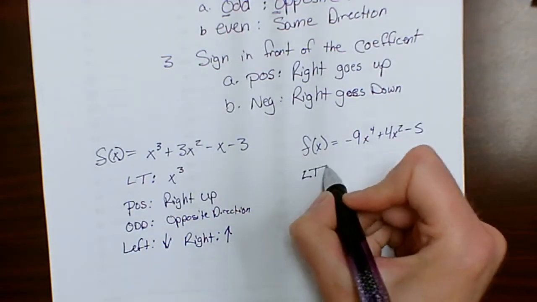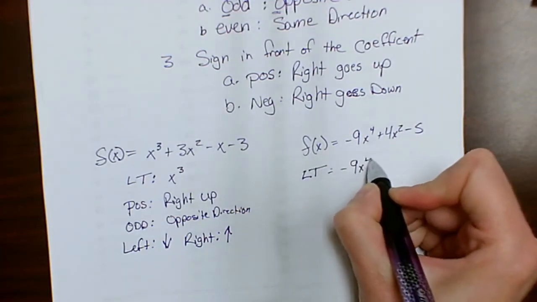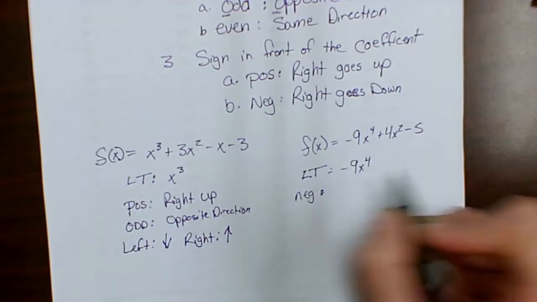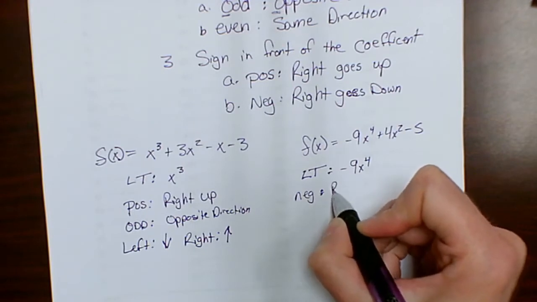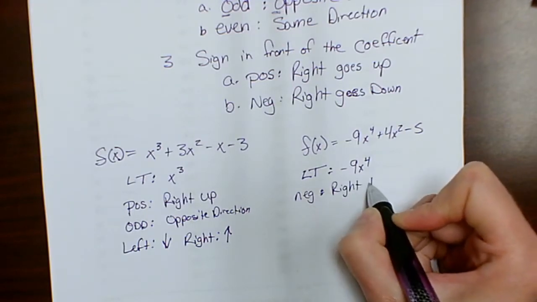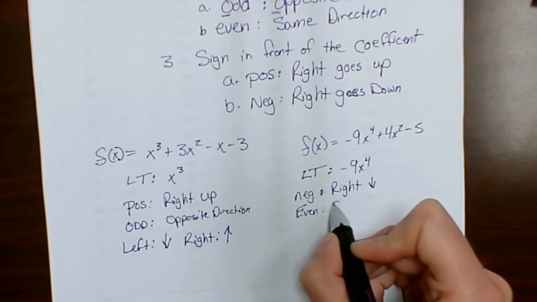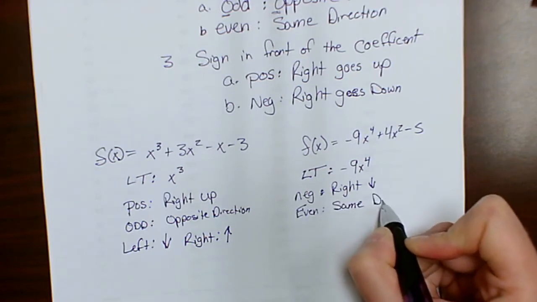For the next one, the leading term is negative 9x to the fourth. It is negative, so our right will go down. We have an even power, so we'll have the same direction.